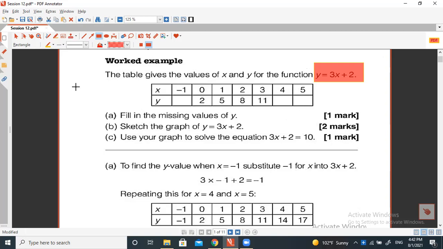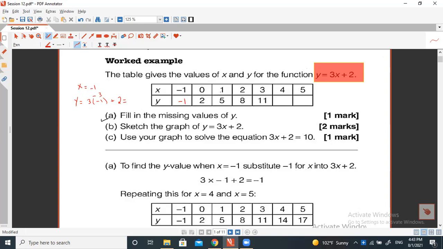So here in letter A, he said, fill the missing values of y. Okay, when x equals -1, y equals what, ya Salah? Y equals 3x plus 2. So 3 multiply -1 plus 2. 3 multiply -1 is -3 plus 2, which is -1.